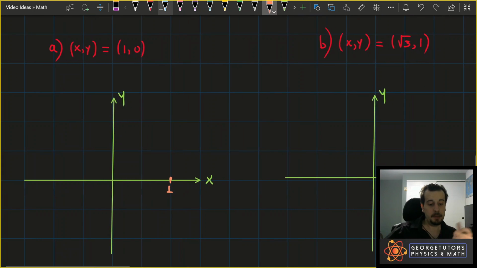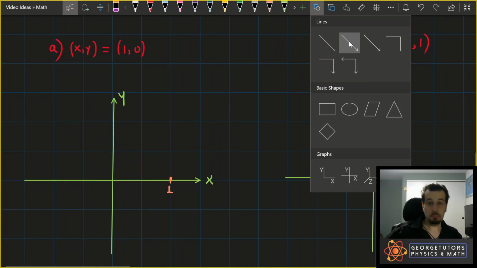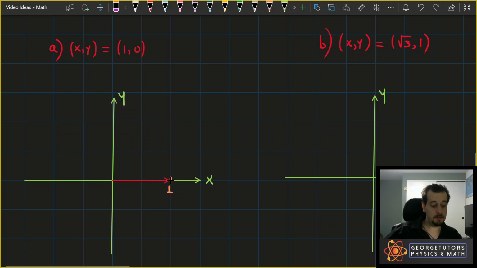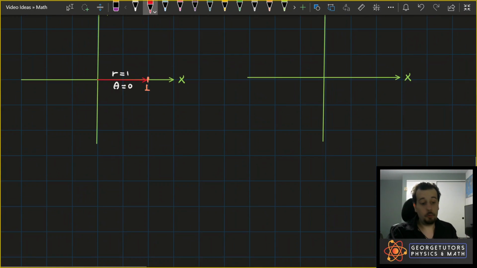Because I have my unit circle in place, I can very easily see, without using any equation, that the r vector has no choice but to be exactly of size 1. And our theta angle, since we're touching the positive x-axis, is literally nothing more than 0 radians, or 0 degrees.